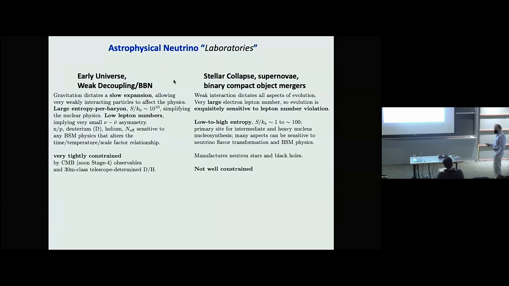The baryon number, of course, we measure in the CMB and from deuterium, and the baryon number is very low. This one is low on the standards of supernovae, but there's still a lot of room for mischief there. In any case, the low lepton number dictates that the neutrino-antineutrino asymmetry is small, and that's important.